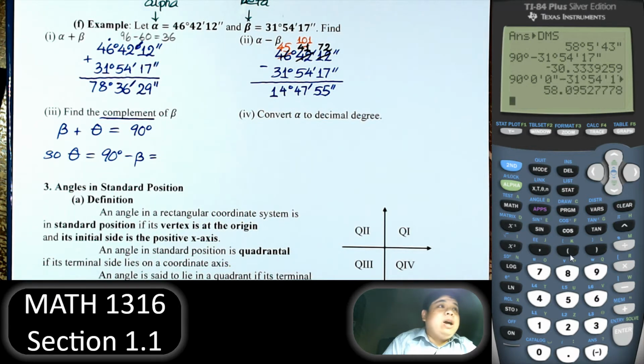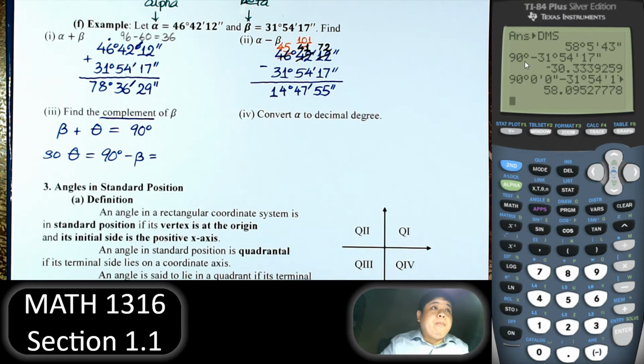Then that will be correct. So don't type the 90 degrees by itself like this. If you enter degrees, you have to give the degree, minute, and second when you do this operation, right? So don't put the 90 degrees by itself.